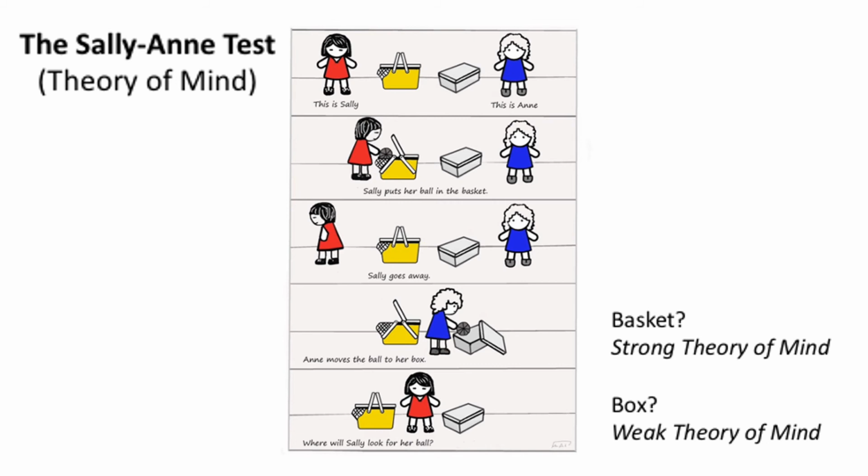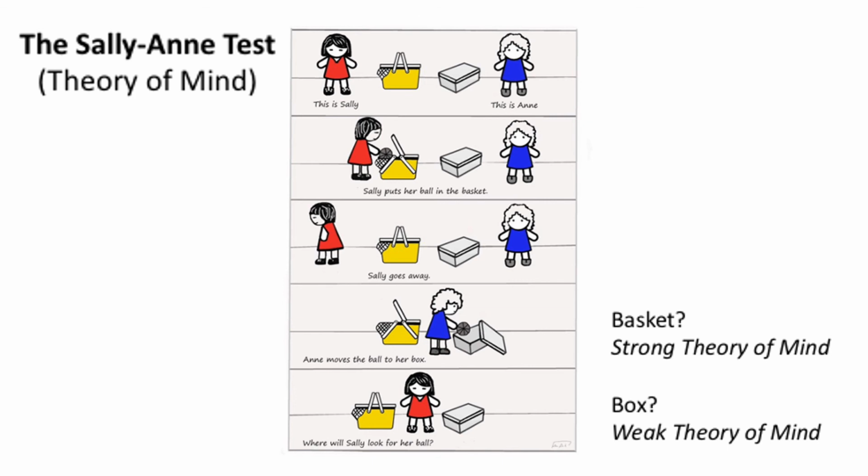We have Sally on the left in a red dress and Ann on the right in a blue dress. Sally puts her ball in the yellow basket, and then Sally goes away. While Sally is away, Ann moves the ball from the basket to the box. Where will Sally look for her ball when she returns?